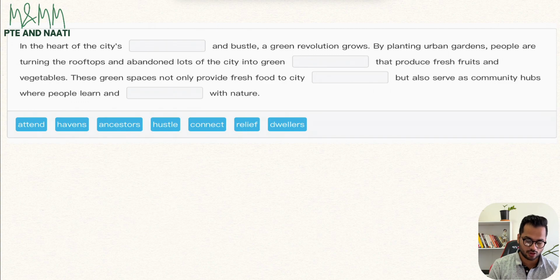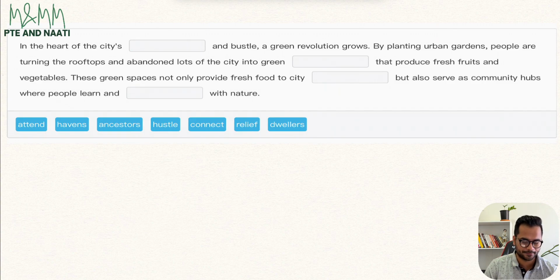As you can see, we have got 4 blanks, and we have been given 7 different options. Our job is to select the 4 correct ones. We'll use some grammar rules, plus some logic, maybe some vocabulary, to understand what the correct options are.